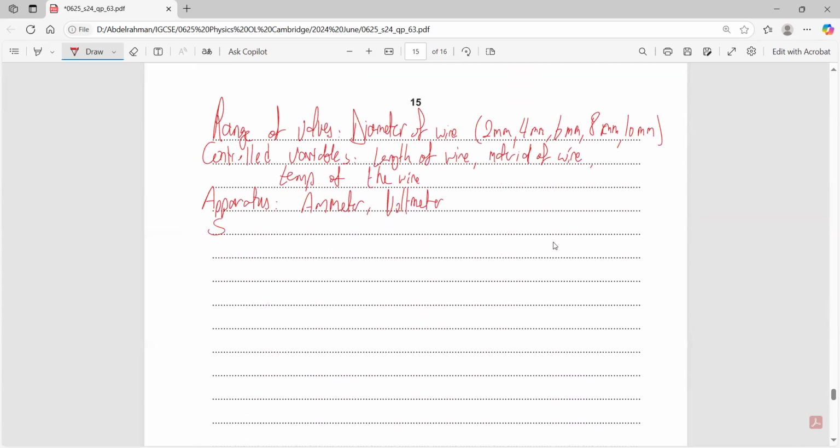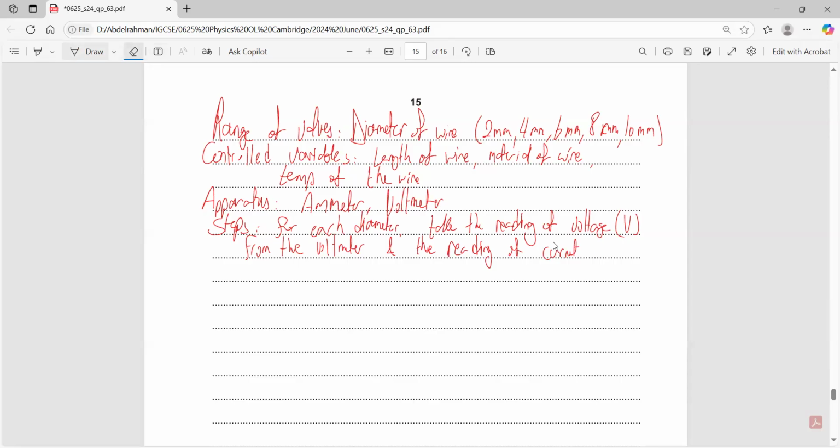So the steps would be: for each diameter, take the reading of the voltage, or potential difference, V, from the voltmeter, and the reading of the current, I, from the ammeter.